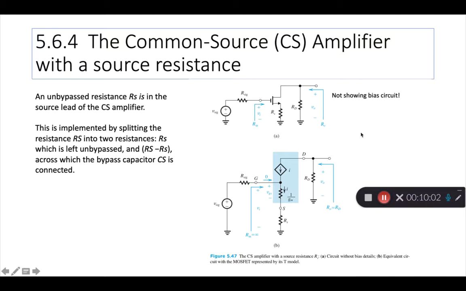Similar to the BJT case, the benefits are that you get a higher input impedance using this. More importantly, for variations of beta, or in this case variations of Vt in the MOSFET case, the amplifier can still be designed so that the device variations don't destroy the performance of the amplifier.